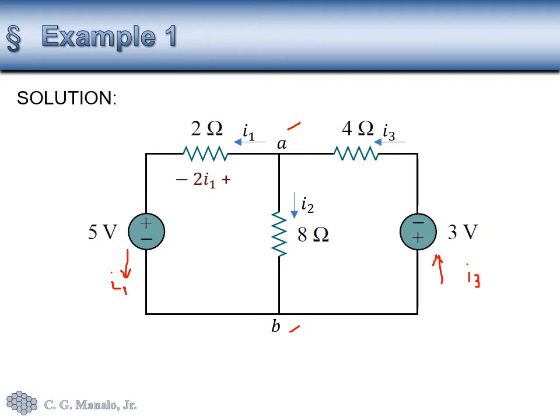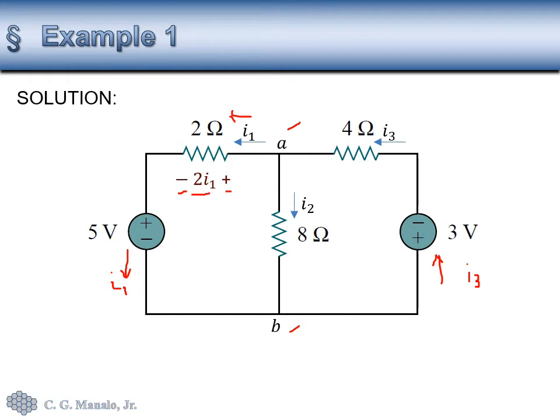The next step is to label the voltages across the elements. For the 2 ohms, by Ohm's law the voltage is 2I1, with the positive side on the right side because current I1 is entering on the right side. So therefore, it should be positive there, and on the other side is negative.